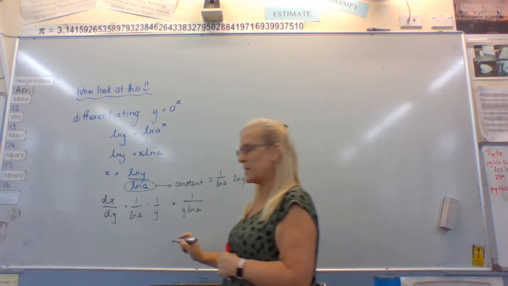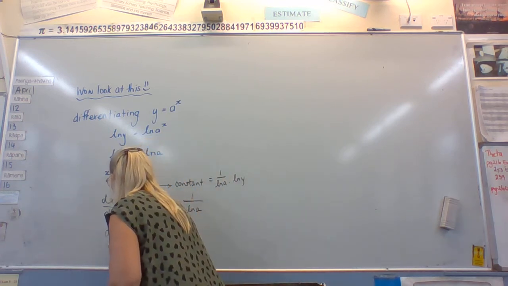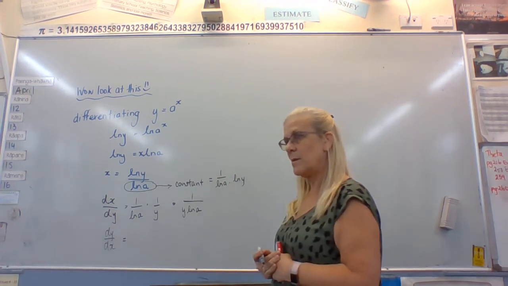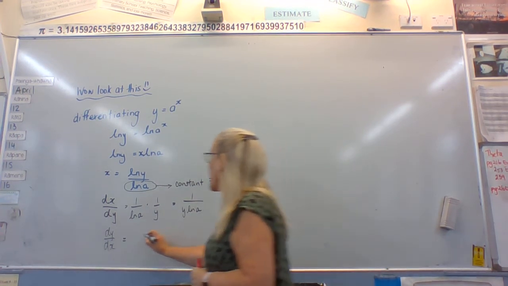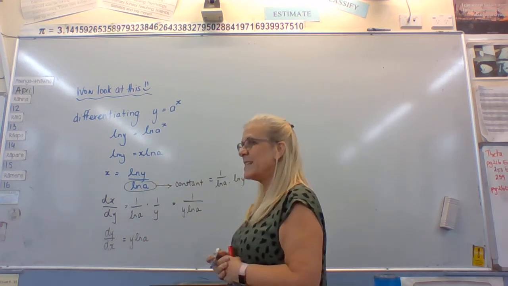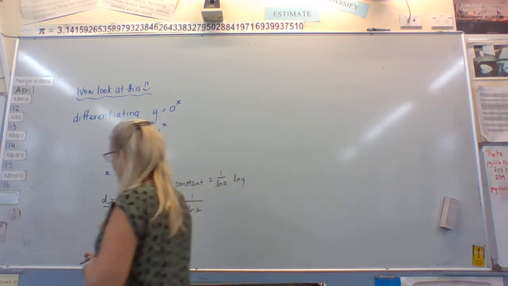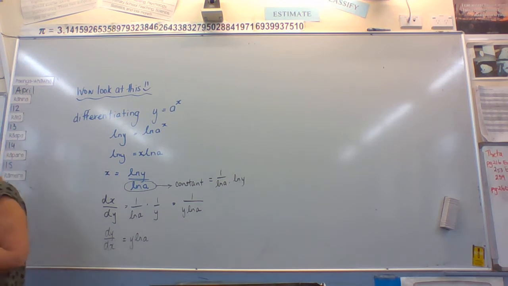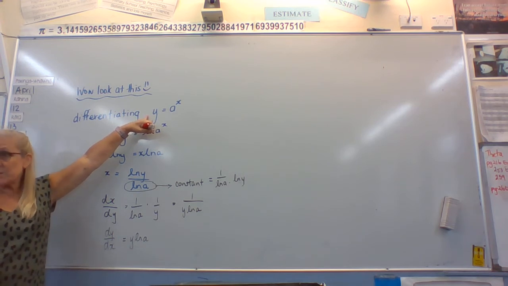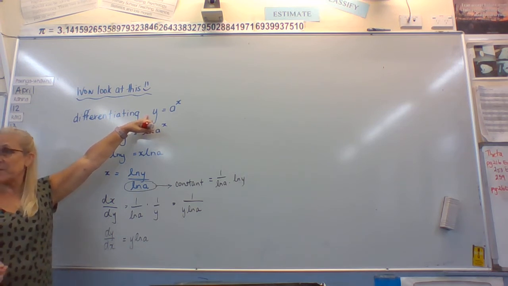What is dy by dx? What's the reciprocal? y ln of a. Where's the x's? There isn't any, but we need an x. We told ourselves up here that y equals a to the power of x.